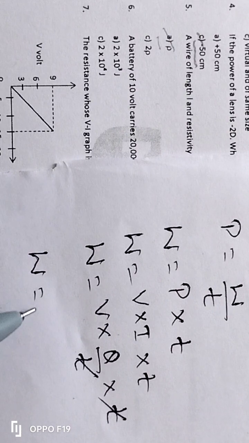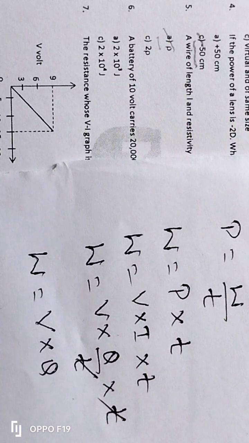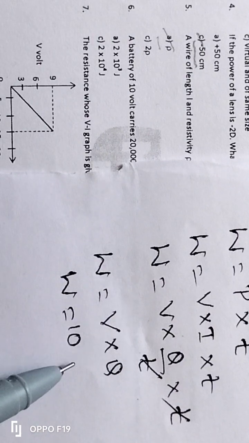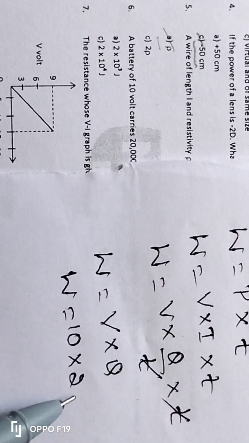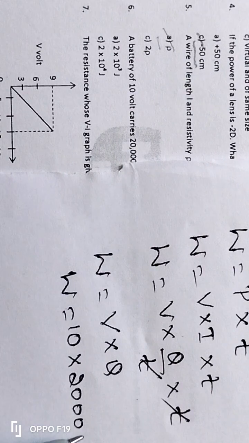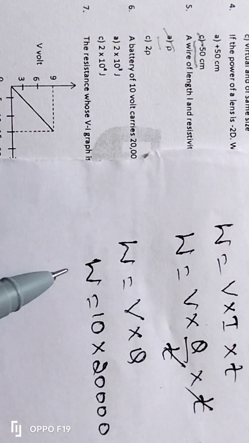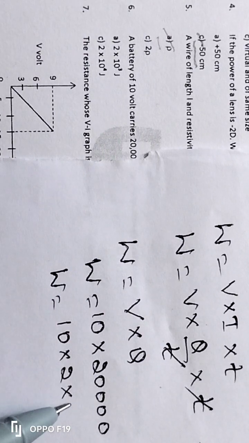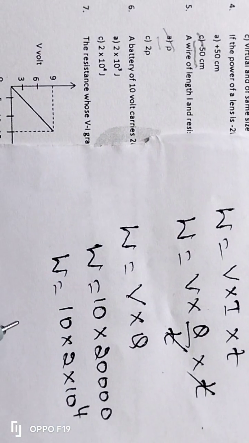Then W is equal to V into Q. V is given as 10 volts, and the charge is 20,000. So W is equal to 10 into 2 into 10 to the power of 4.